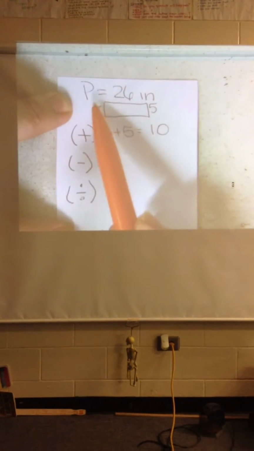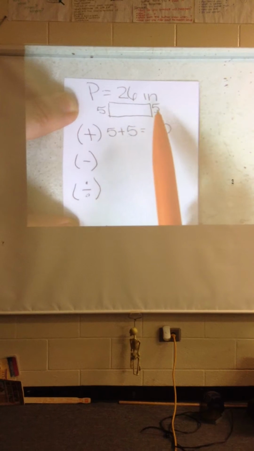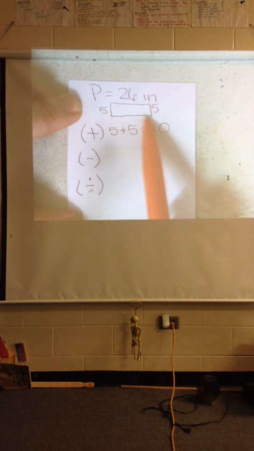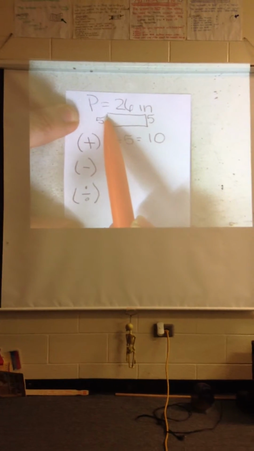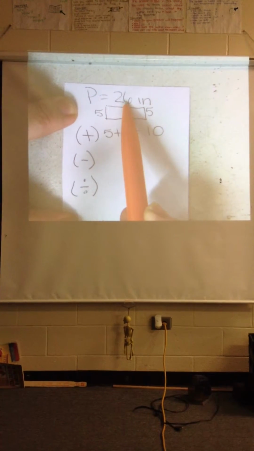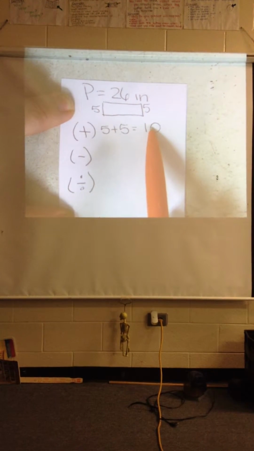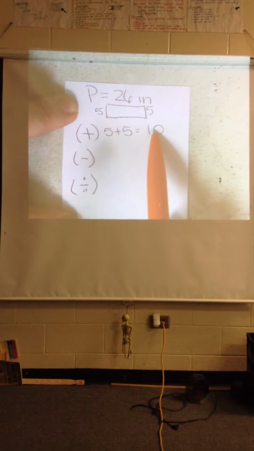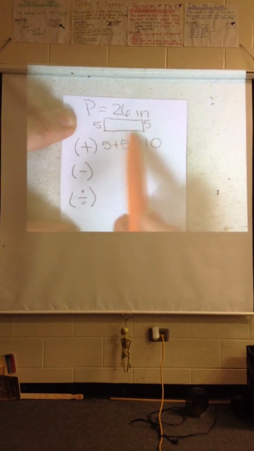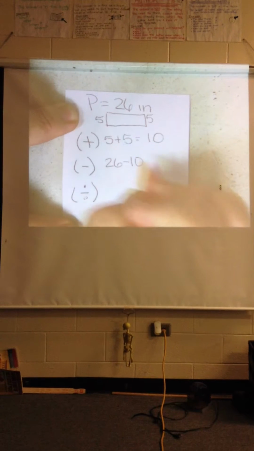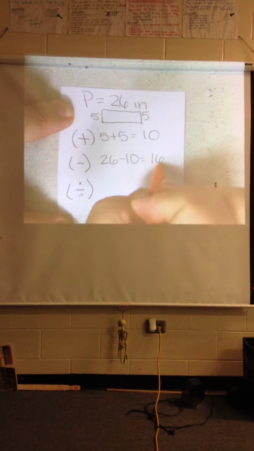Now, if I know that this side length and this side length is 10, and the distance all the way around the figure is 26, then I need to subtract. This is my total distance, and I know 10 inches of it. I need to figure out what's left. So 26 minus 10 equals 16.